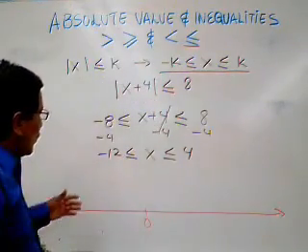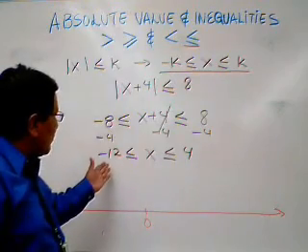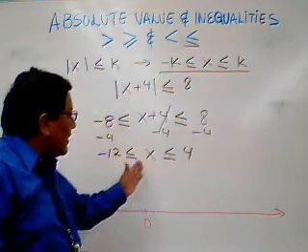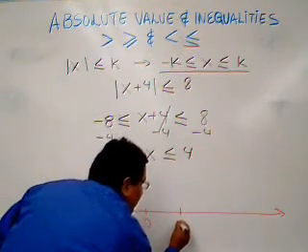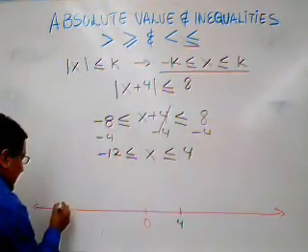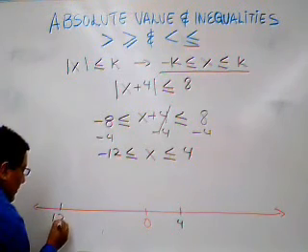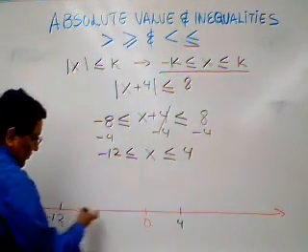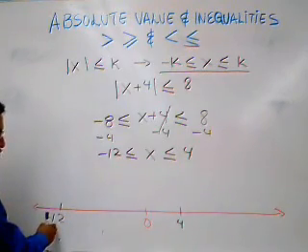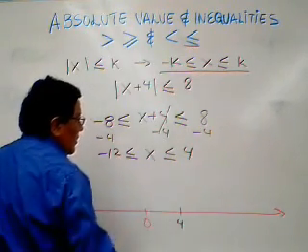So all the values have to be between negative 12 and 4. Let's say that 4 is right here and negative 12 is right here. So this is the solution: all the values between negative 12 and 4.